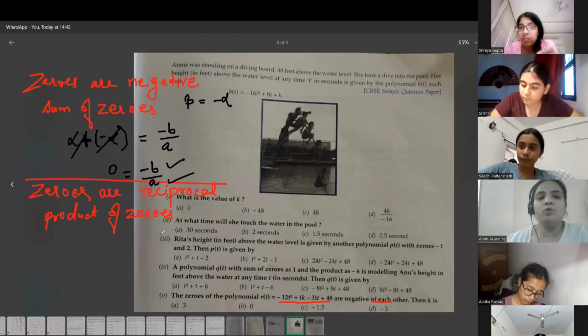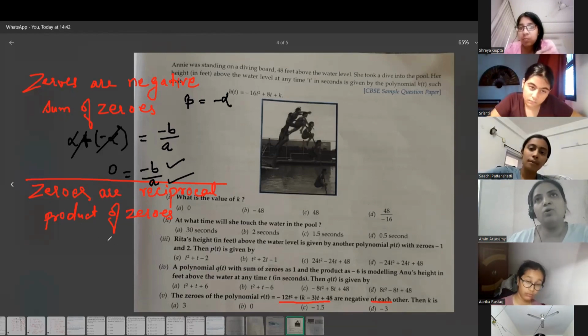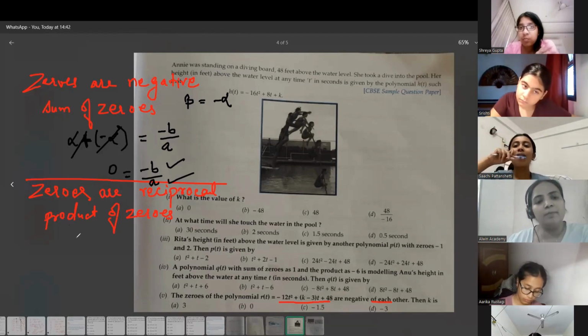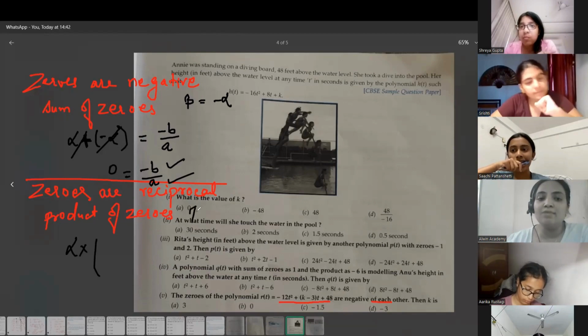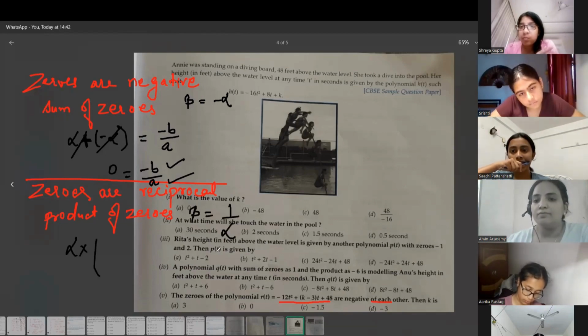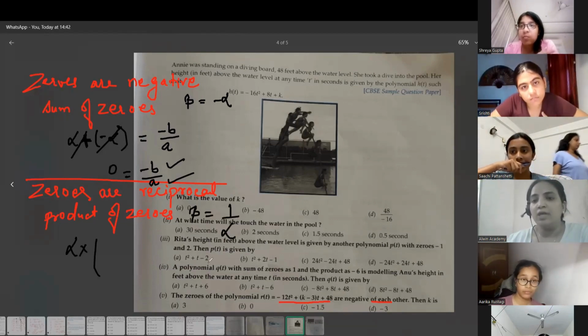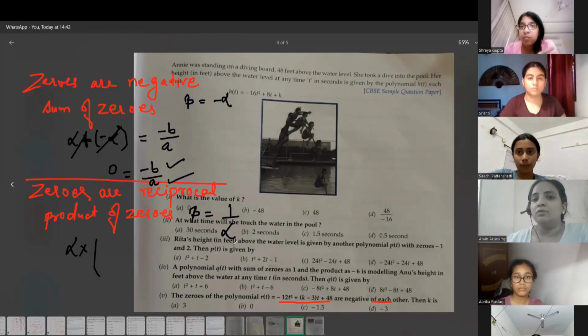Now similarly, when zeros are reciprocal of each other, what will we do here? Alpha into beta, but beta this time is 1 by alpha. Purvi, eyes on screen. So beta is 1 by alpha. Right or not? Beta is the reciprocal of alpha, no?